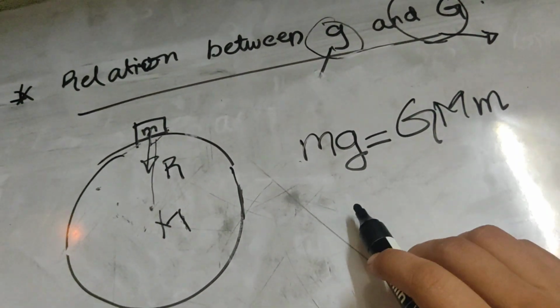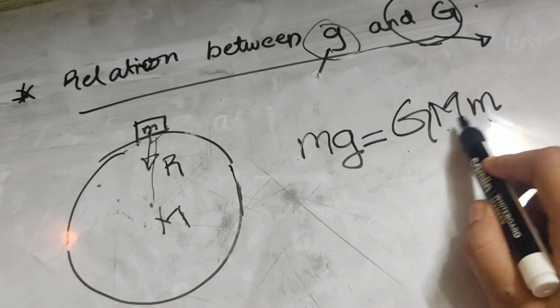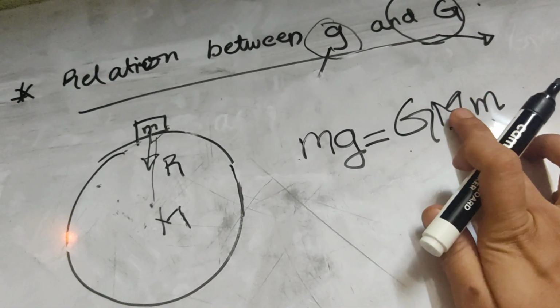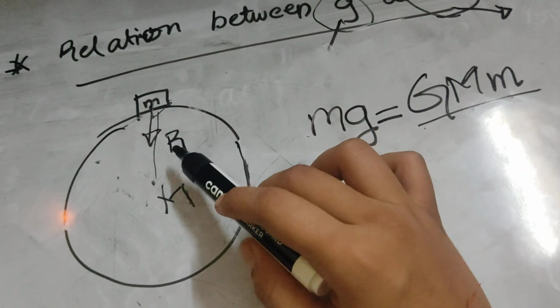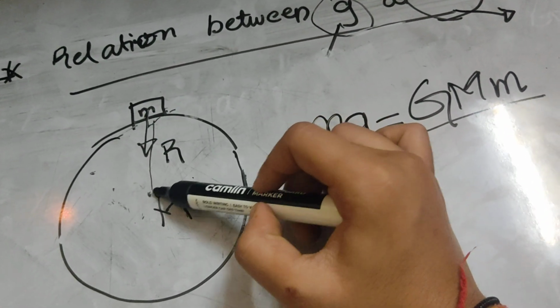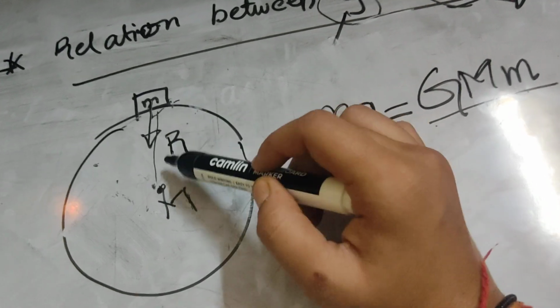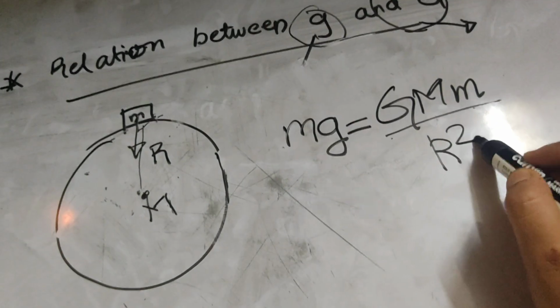How do we represent gravitational force? G into capital mass M into small mass of the block. What does capital mass M indicate? The mass of the planet or the Earth. And the distance between the Earth and this small block we consider from the center of the Earth up to the surface, which is nothing but the radius. So we do radius square.